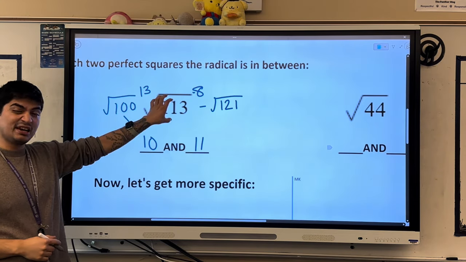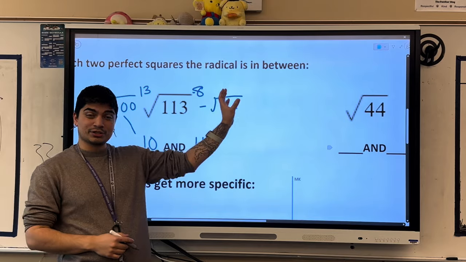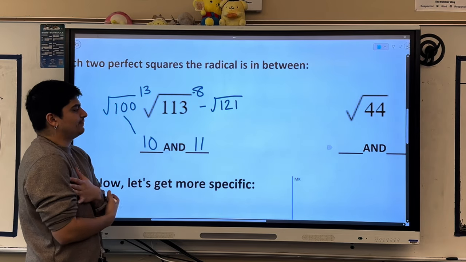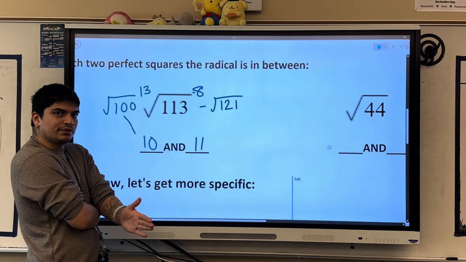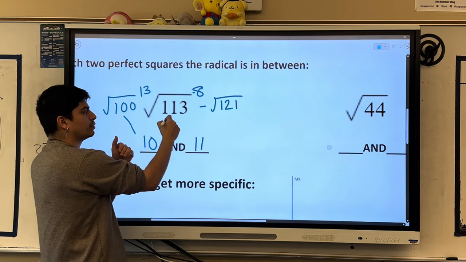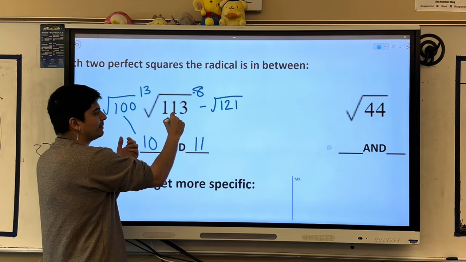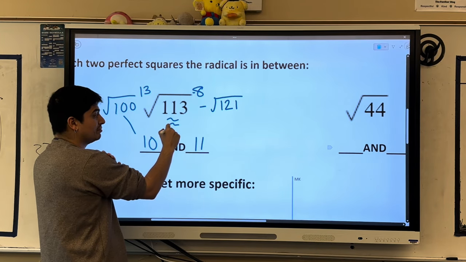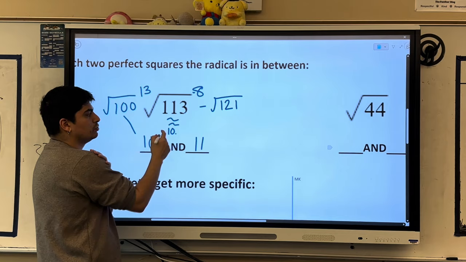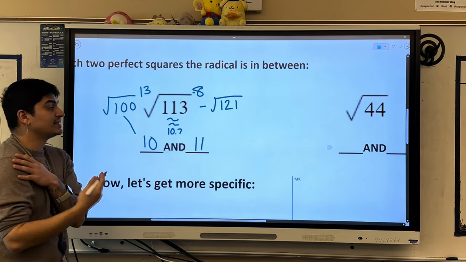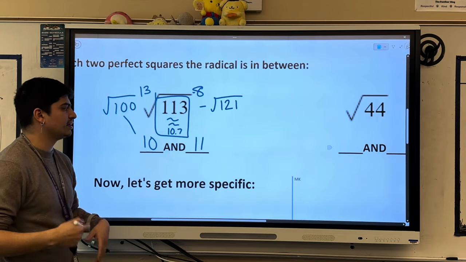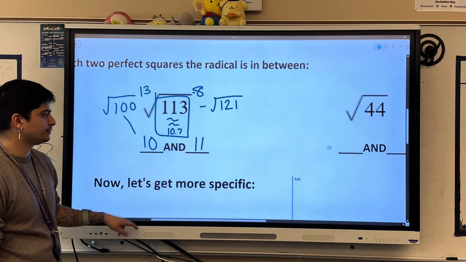So that means this number is just barely closer to 121, which tells me that if 10.5 is exactly in the middle, I'm slightly more than that. I'm gonna say this is roughly 10.7. I would say that is a good estimate. It's around 10.7.